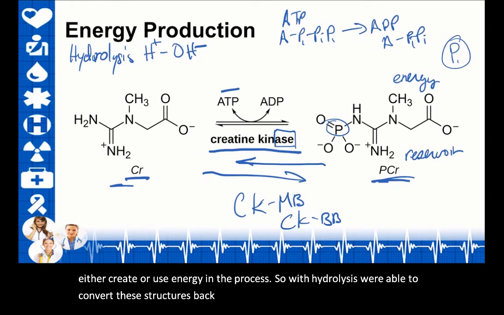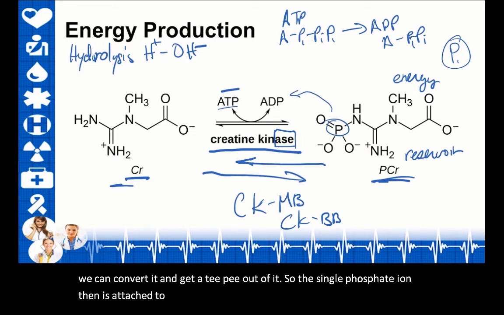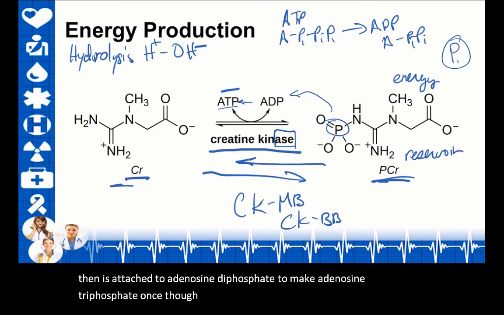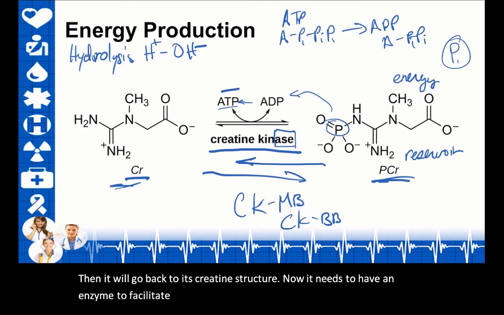If we have lots of phosphocreatine, we can convert it and get ATP out of it. So the single phosphate ion is attached to adenosine diphosphate to make adenosine triphosphate. Once the phosphate ion is released from phosphocreatine, it will go back to its creatine structure. Now it needs to have an enzyme to facilitate this process because it's a pretty complex reaction.